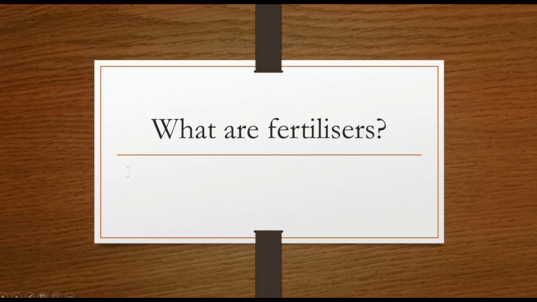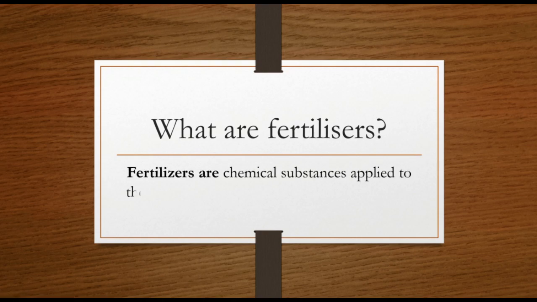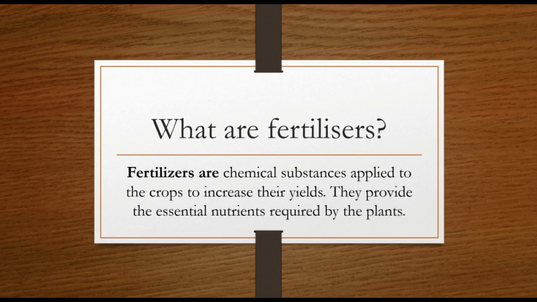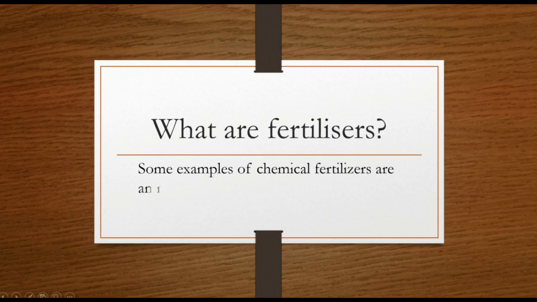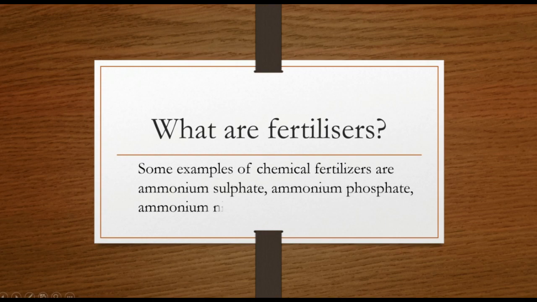And these are called fertilizers. Some examples of chemical fertilizers are ammonium sulfate, ammonium phosphate, ammonium nitrate, urea, and so on.